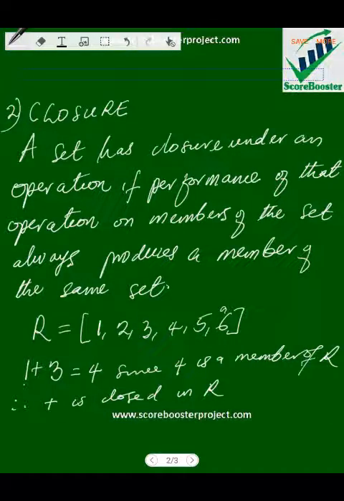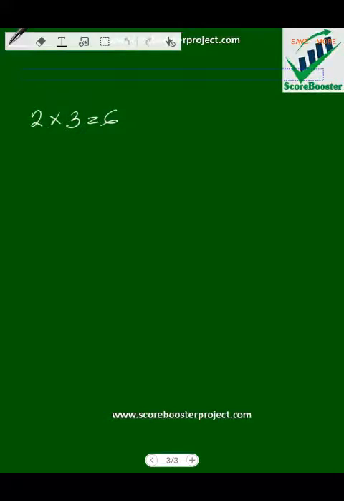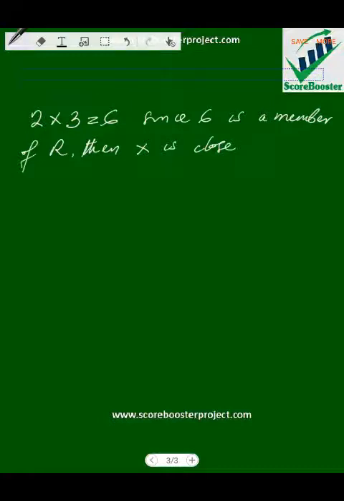So since 2, 3, and 6 are all members of set R, then I will say multiplication, which is times, is closed in R. So since 6 is a member of R, then multiplication is closed in R. As simple as that. I do believe you understand.